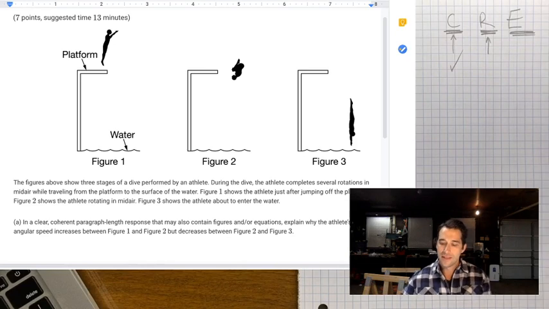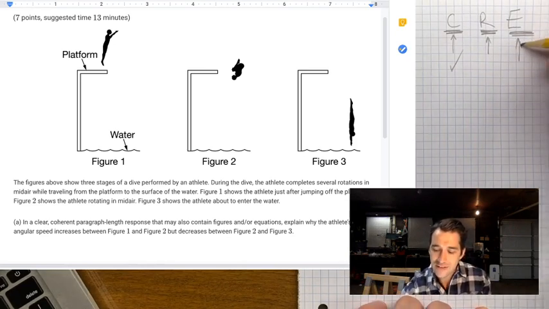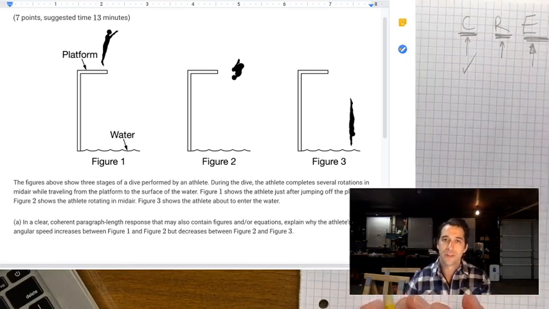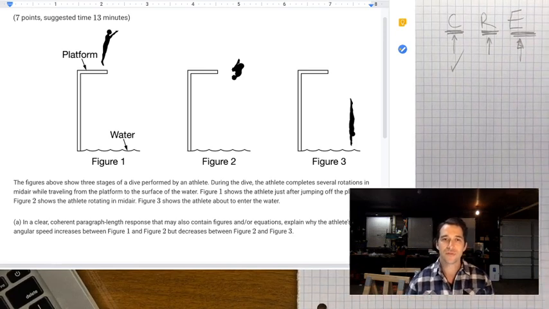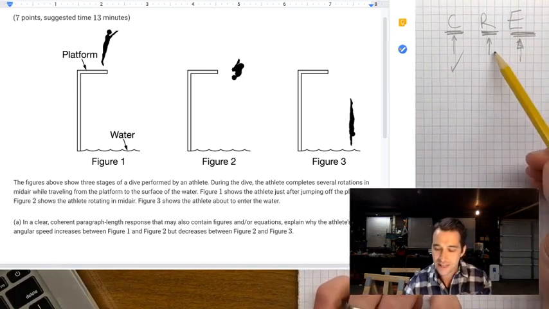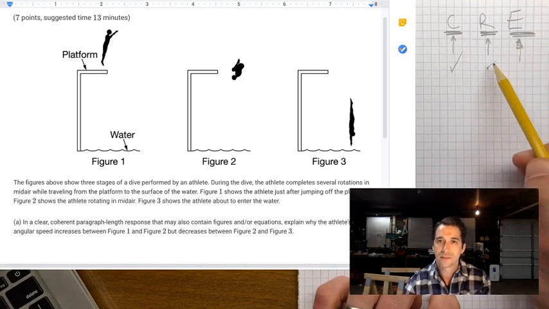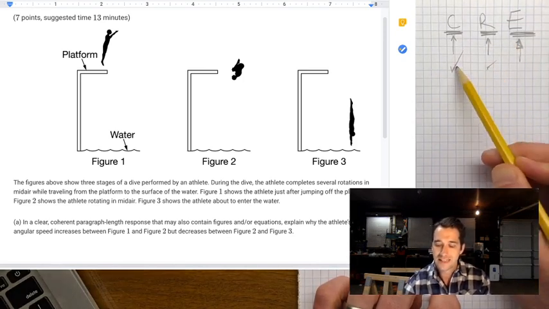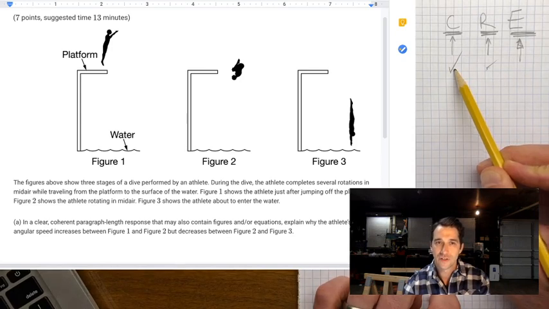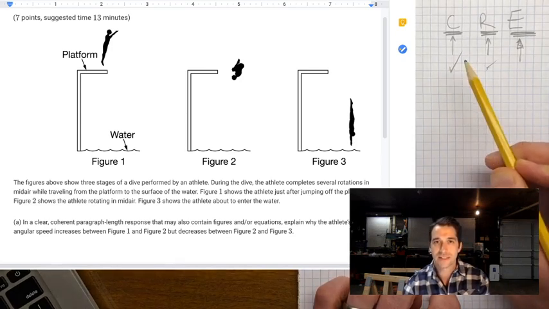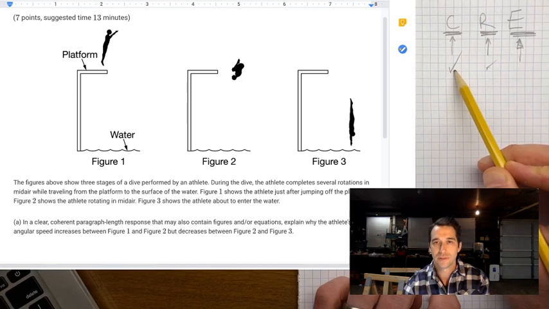Now, this is where the evidence comes in. This is where you need to take something from this picture and explain how conserving angular momentum means that in the first step of the process, speed increases. In the second step, angular speed decreases.